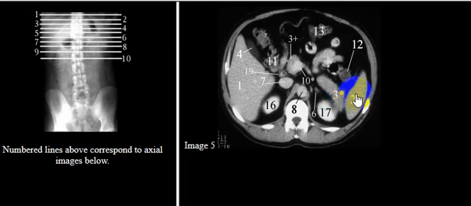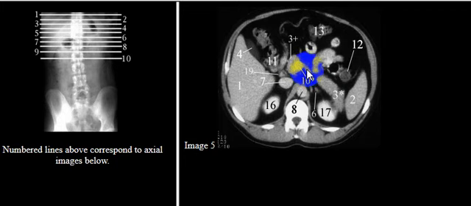The blood supply to the spleen is through the splenic artery, which is one of the branches of the celiac trunk. The splenic vein, as we see here, receives the inferior mesenteric vein, and they form the portal vein.